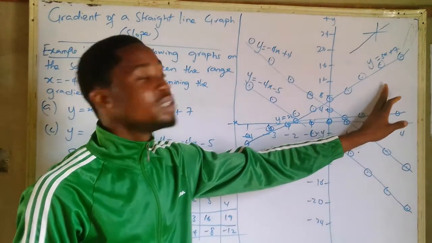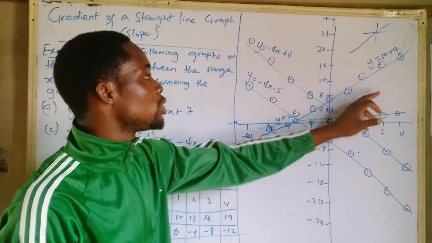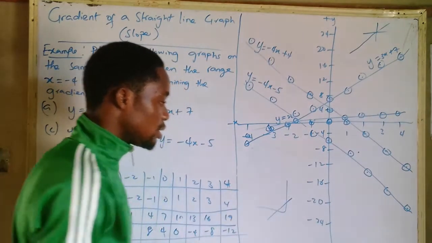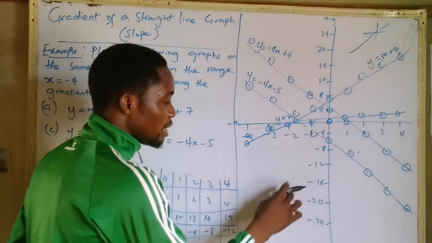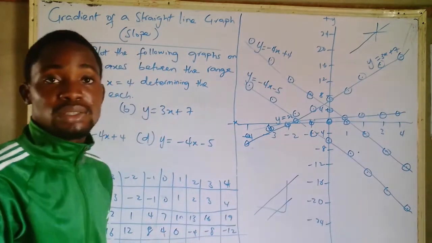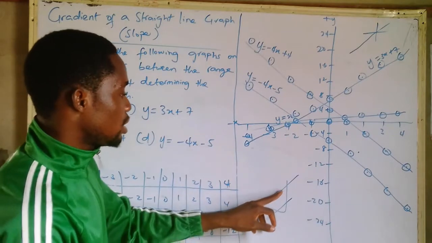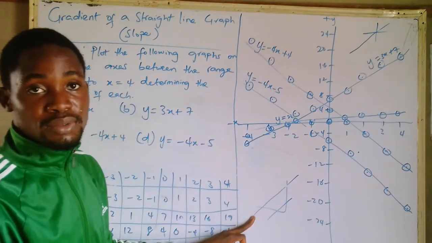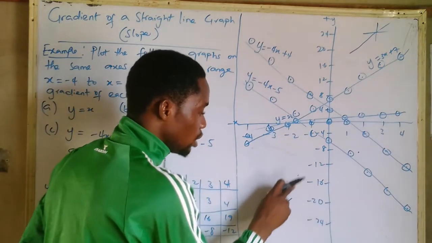There will be more than one point, but whichever you choose, just make sure that the gap between them is enough, not too small. Look for a point on your graph where this straight line passes through x and y here and somewhere down the graph. Then you will join it like that.